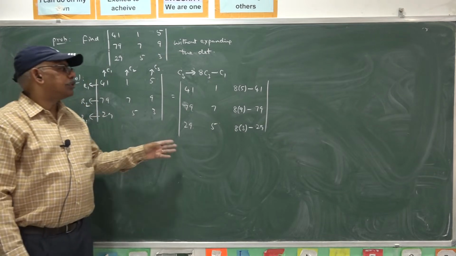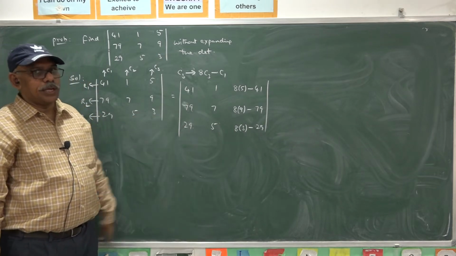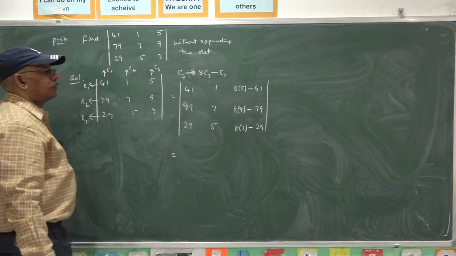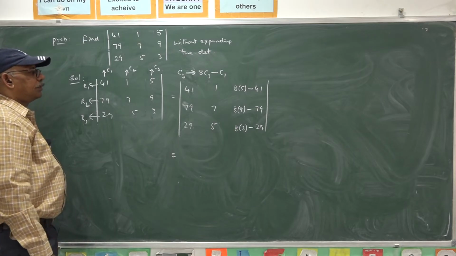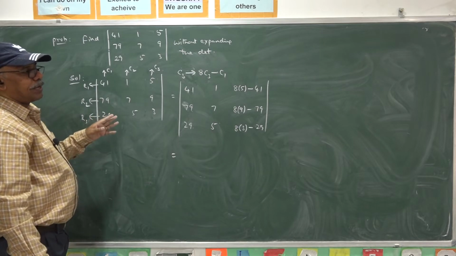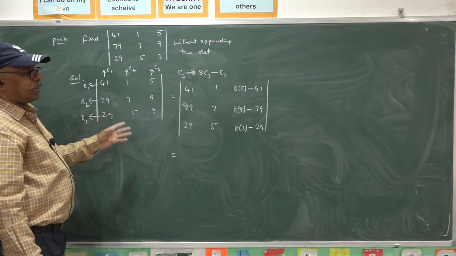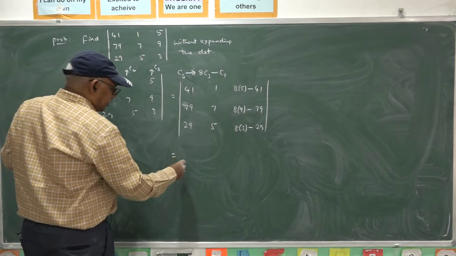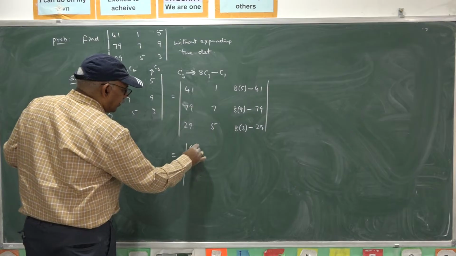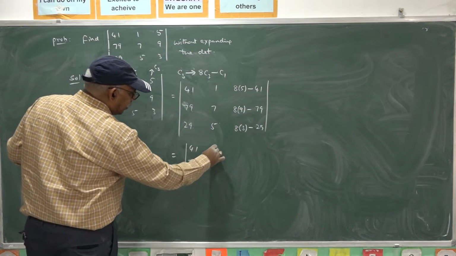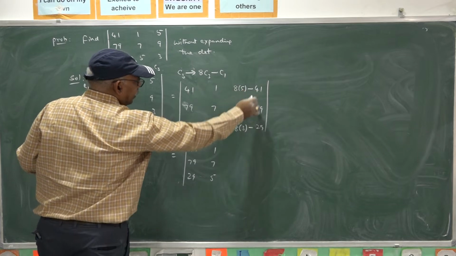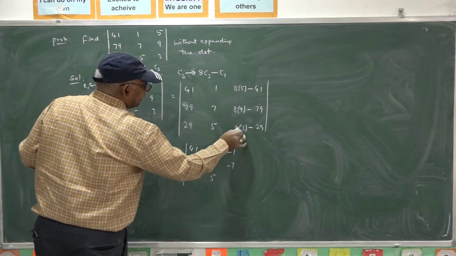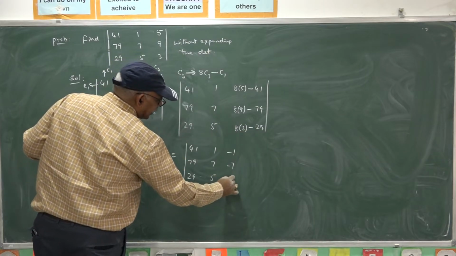There is no change in the determinant value once you take it like this. This determinant is the same as 8 into 5 minus 41, 8 into 9 minus 79, 8 into 3 minus 29. So that is 41, 79, 29, 1, 7, 5, 40 minus 41, 72 minus 79, 24 minus 29.